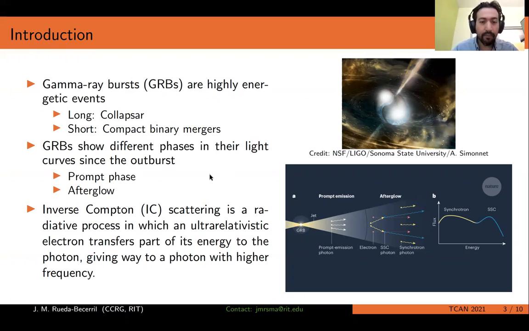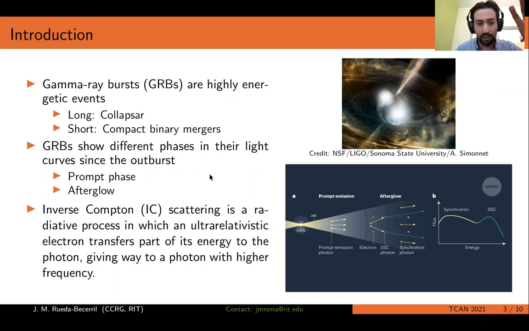And there is a lot of energy deposition between particles and photons, back and forth. So these kinds of processes were the main motivation to start working on this code with these two main ingredients.